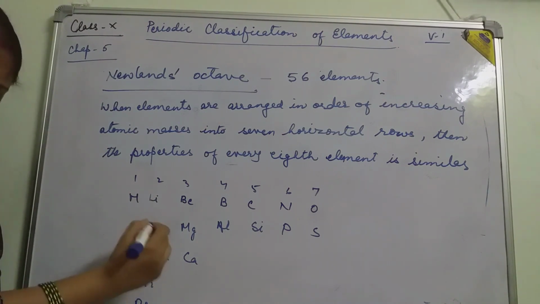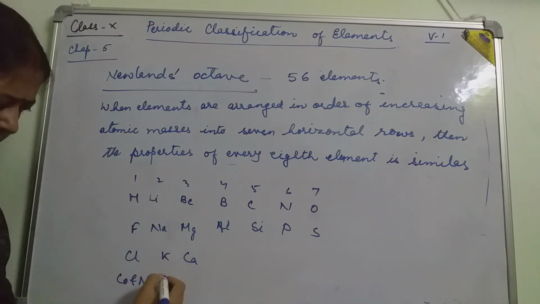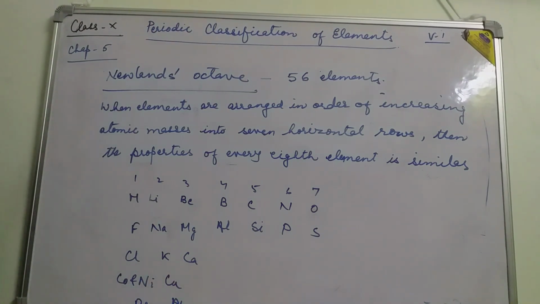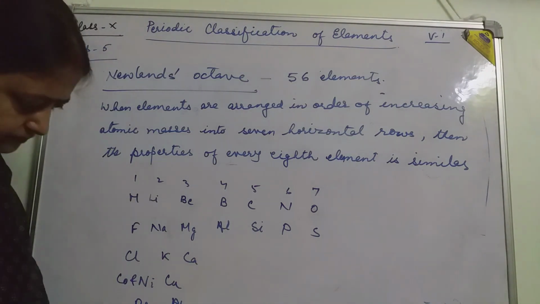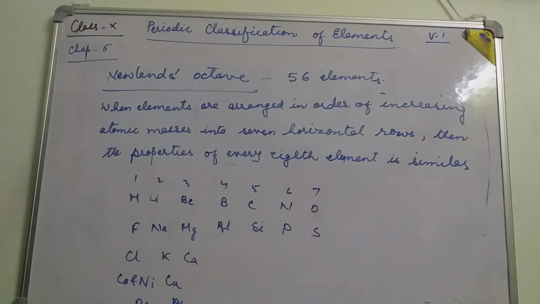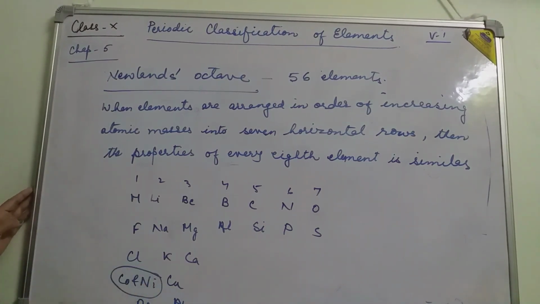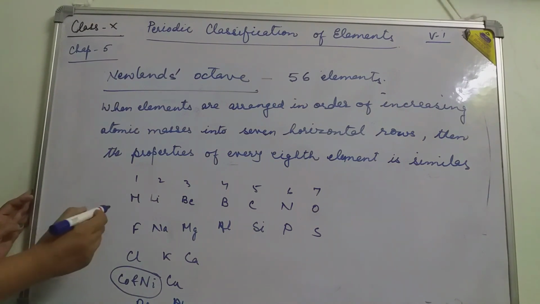Cobalt and nickel here, and here with sodium, potassium, copper and rubidium is present. Uranium is present. So there are some demerits present in the periodic table like this.